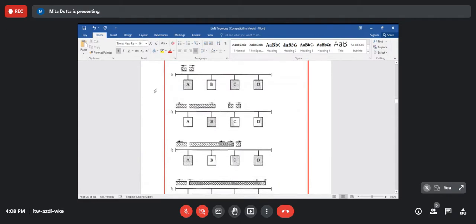Now suppose here at time t0, A finds that the medium is idle, then it transmits the signal.